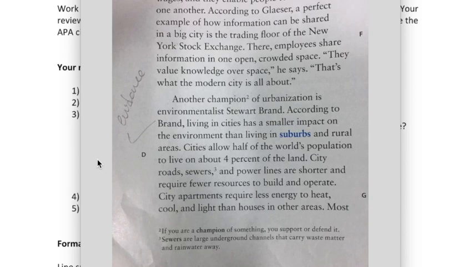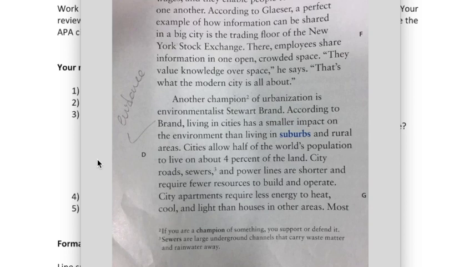And this is exactly true because if we take a look at major cities in the world, most people live in apartments and also condominiums. So that means they need just a small piece of land for thousands of people, which is better for the environment. So less trees being cut down and less forests being destroyed.